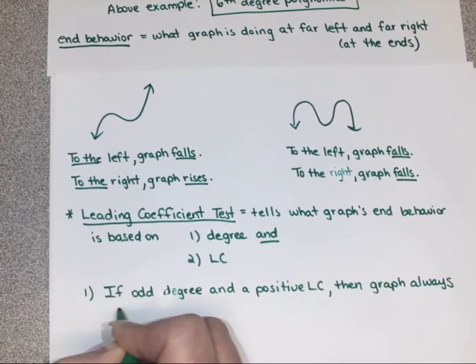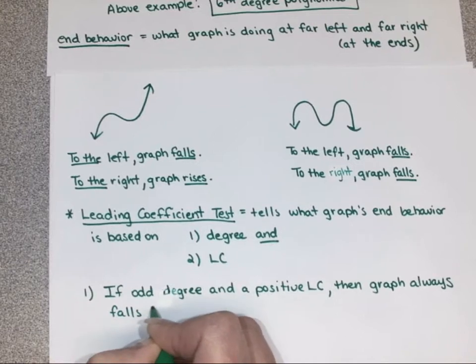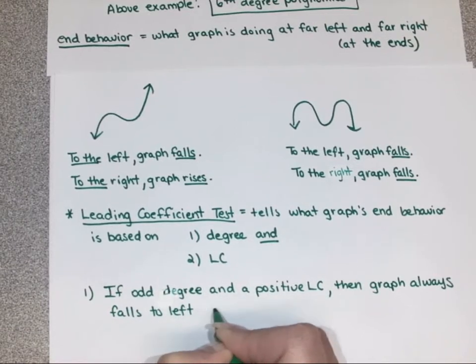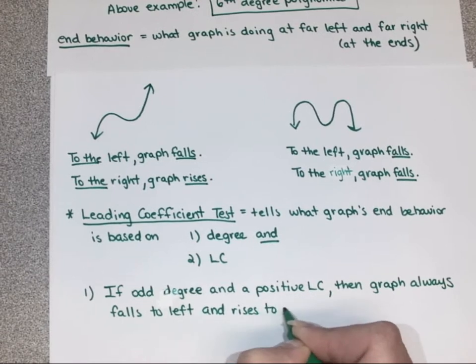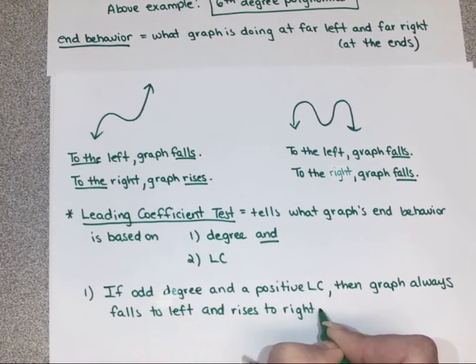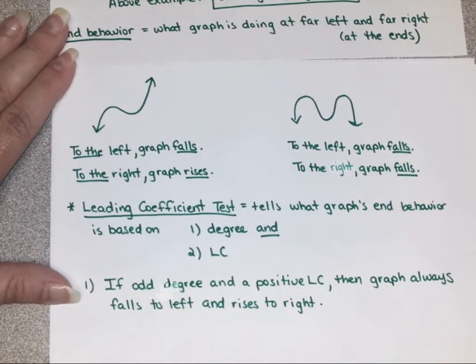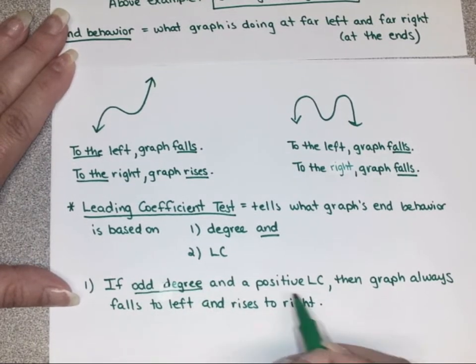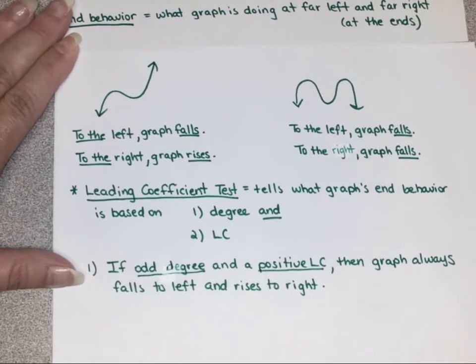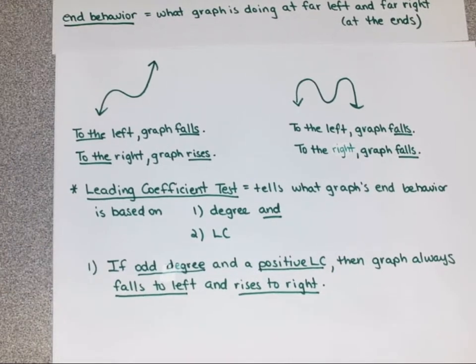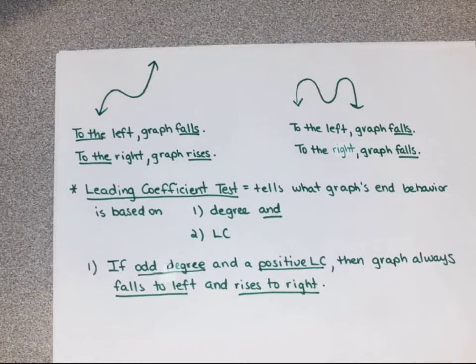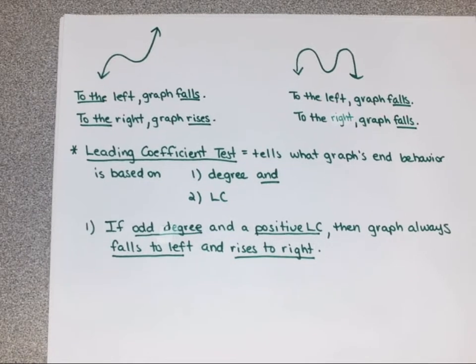It always falls to the left and rises to the right. So the gist of that is if it's an odd degree and a positive leading coefficient, then it falls left and rises right. We'll do some examples of this in just a minute, but we're just going to get the 4 cases out of the way.